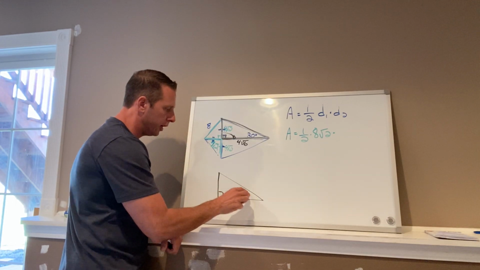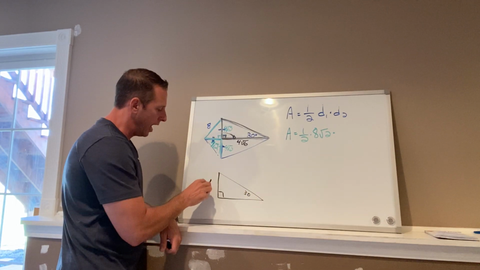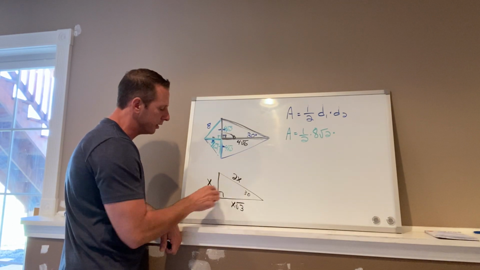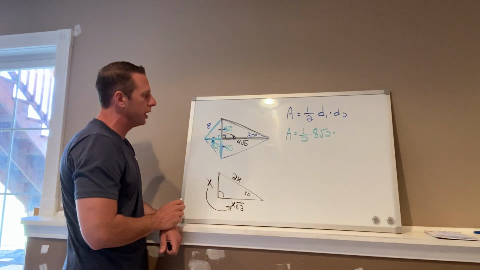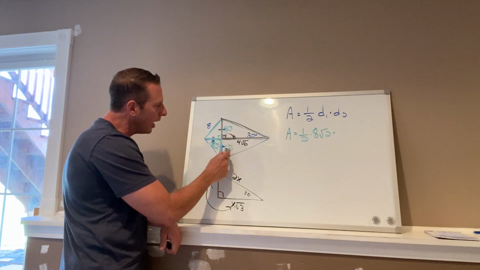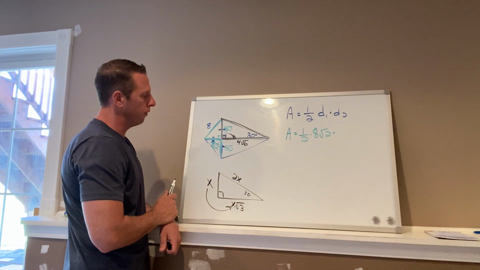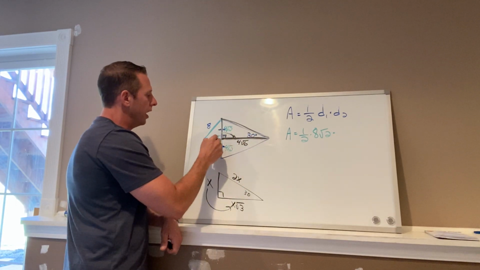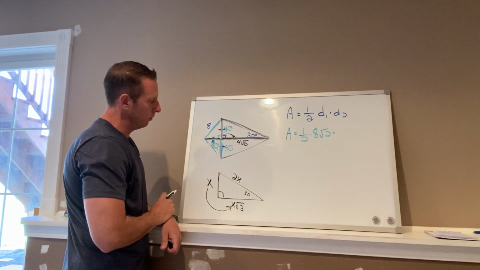This is 30 degrees. This is x. x rad 3 to x. To get from the small leg to the big leg, you multiply by rad 3. 4 rad 2 times rad 3 is 4 rad 6. So this is 4 rad 6, and this is 4 rad 2.